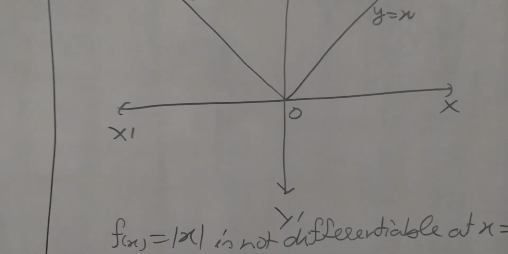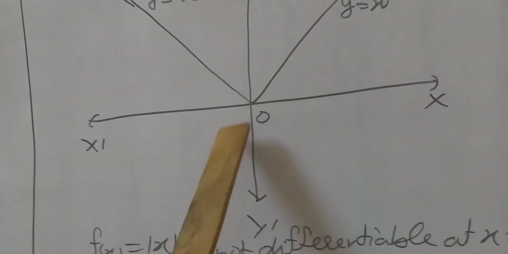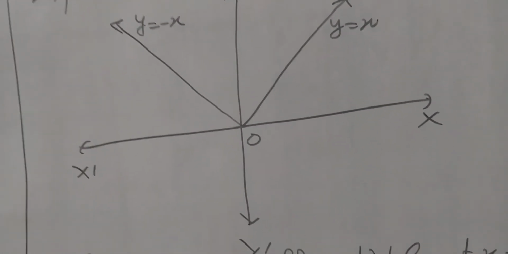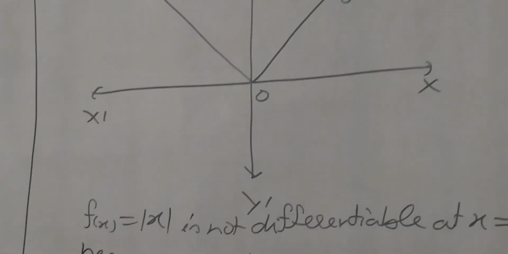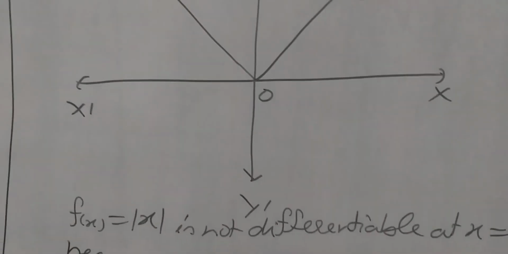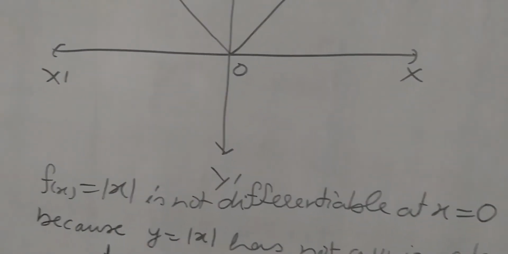It means slopes are not the same, so we cannot get a unique tangent at O. Okay, that's why the function is not differentiable at x equal to 0.